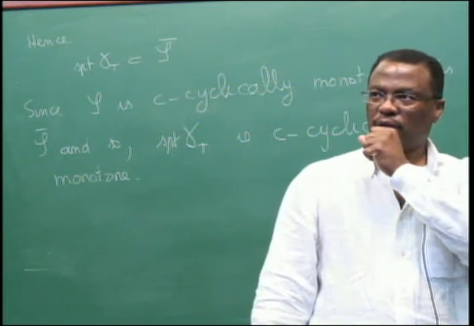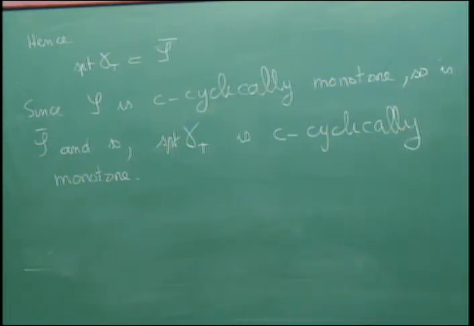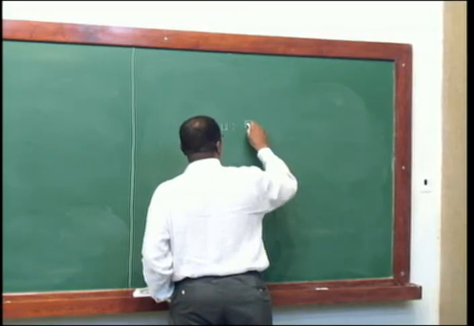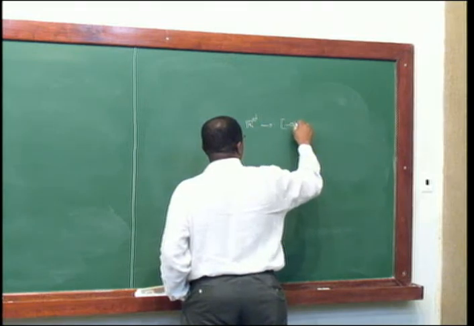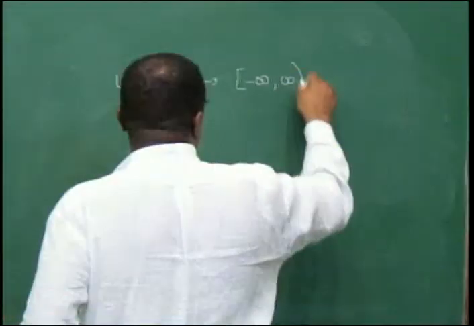So here is what I want to do next. Assume that we are given a function u from R^d into negative infinity plus infinity.